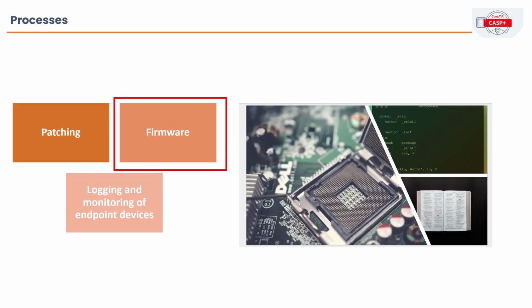Next is firmware. The embedded operating system code must be updated because if it is not, it may be open to attacks. For instance, SIP, or the Session Initiation Protocol, of Cisco IOS has a number of vulnerabilities that could be exploited to cause a denial of service condition.